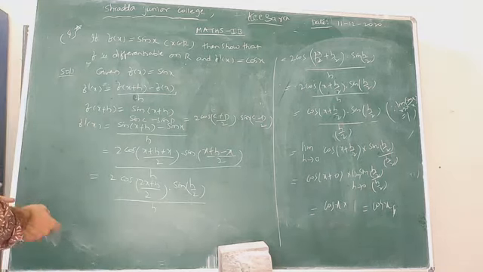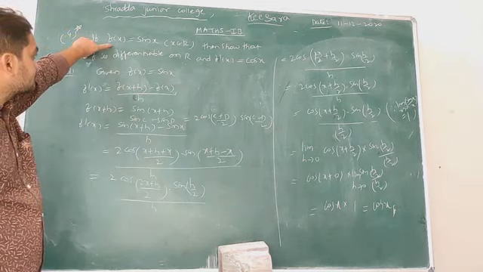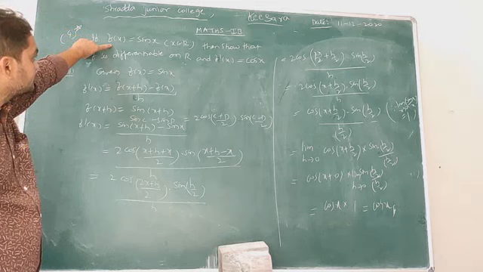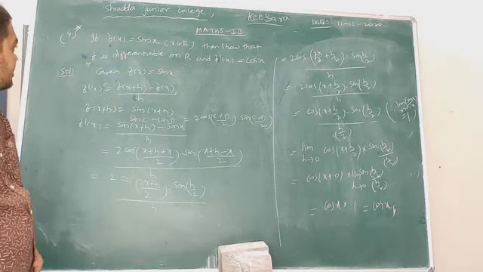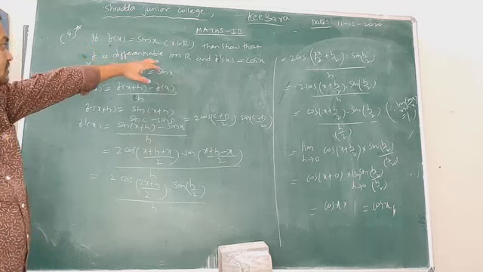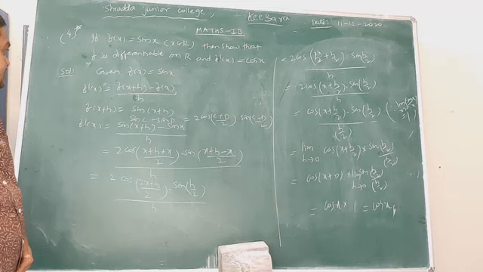See here. What is given here? If f of x equals sin x, x belongs to capital R, make sure that f is differentiable on capital R and f dash of x equals cos x.